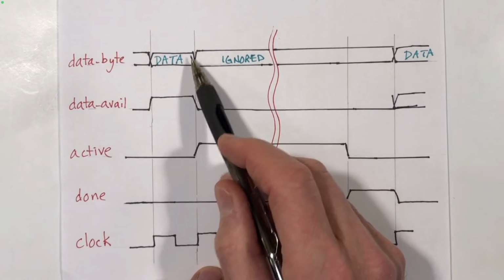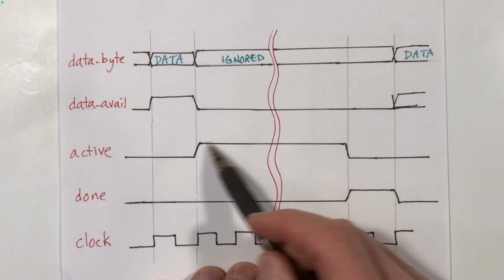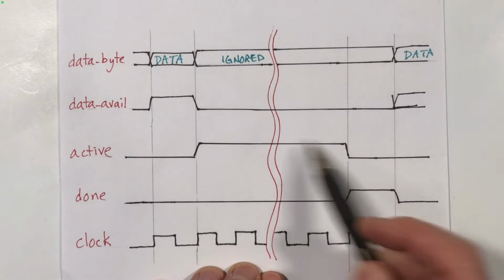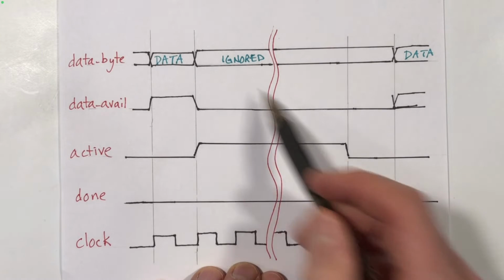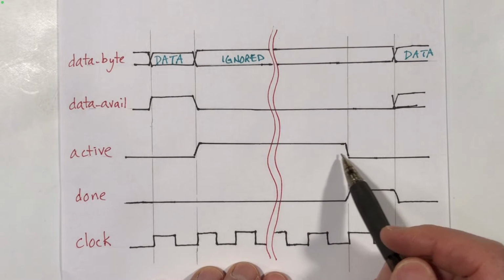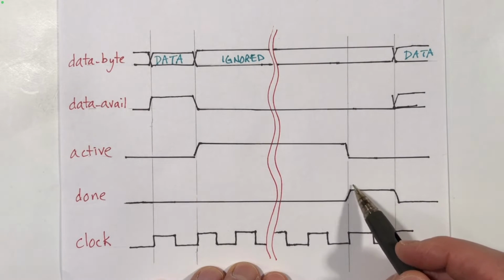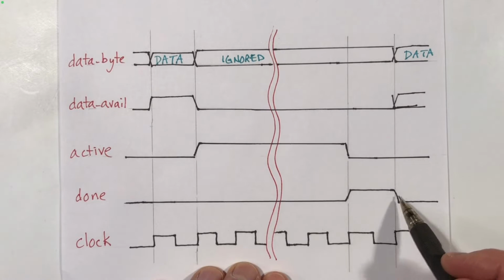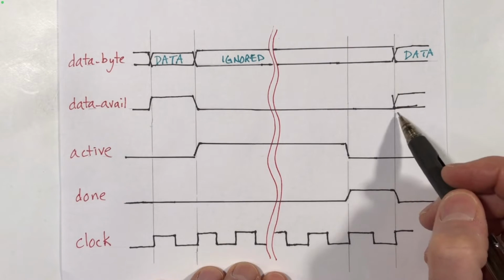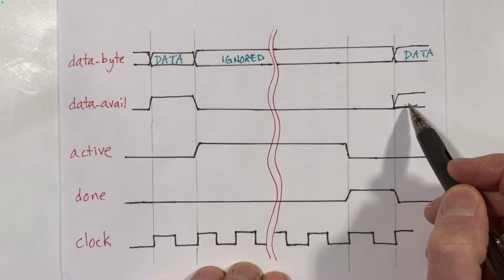Our circuit will latch this into a register, and then the active line will become high, and it will stay high as long as it takes to send this byte over the transmit channel. And then when the transmission is done, the active will go low and done will go high for 1 clock cycle. And after that, the larger circuit can provide another byte if it's ready.